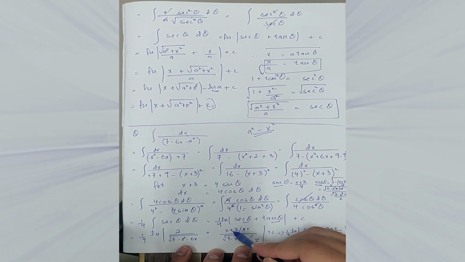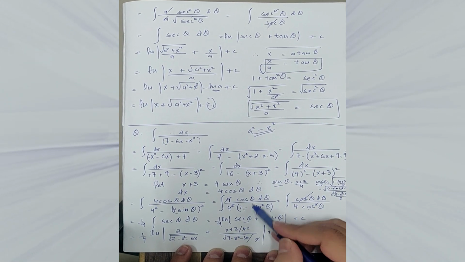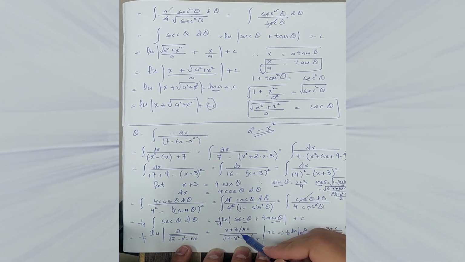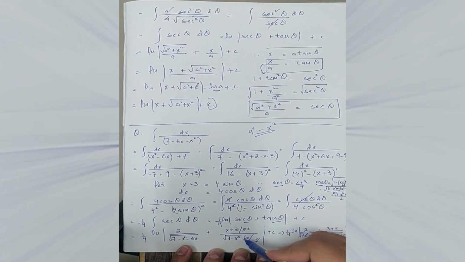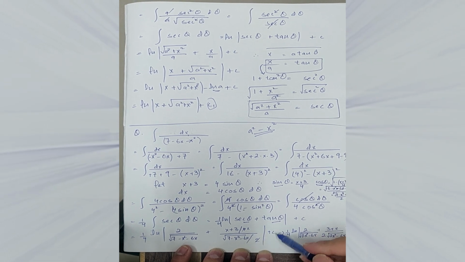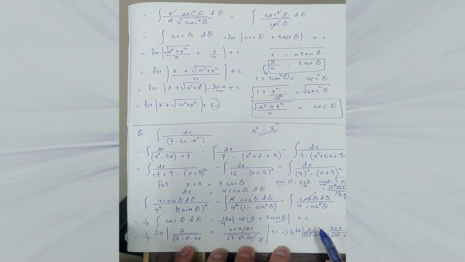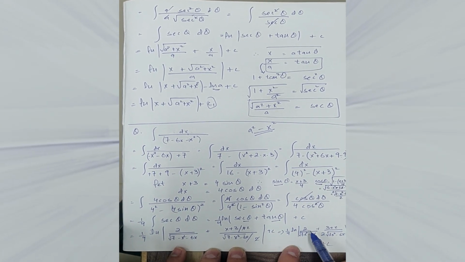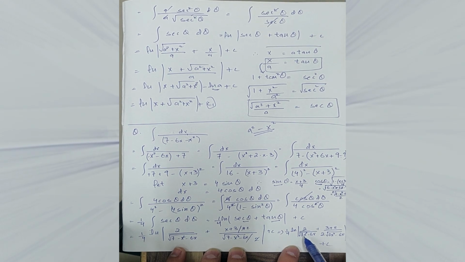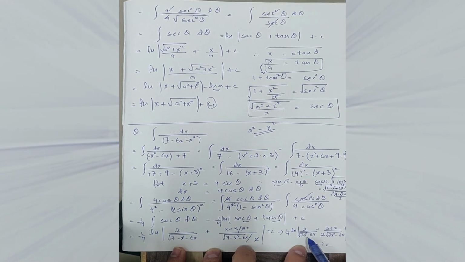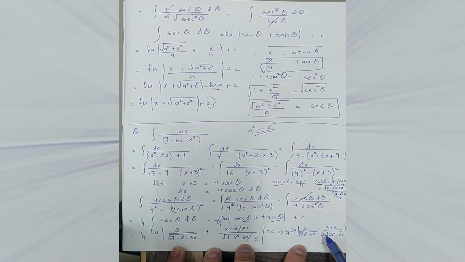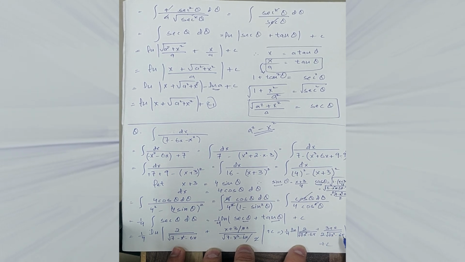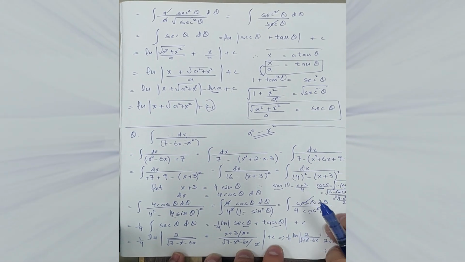So this is the value of sine theta, x plus 3 divided by 4, and cos theta is under the root 7 minus x square minus 6x divided by 2. So solving it further, we will get 1 by 4 log of 2 divided by under the root 7 minus x square minus 6x, plus 3 plus x divided by 2 under the root 7 minus x square minus 6x, plus c. So that's the solution of this integral.